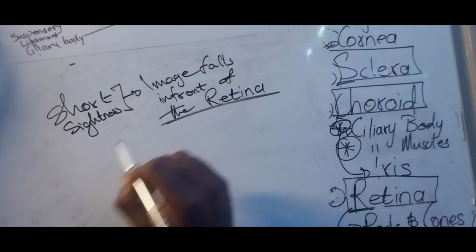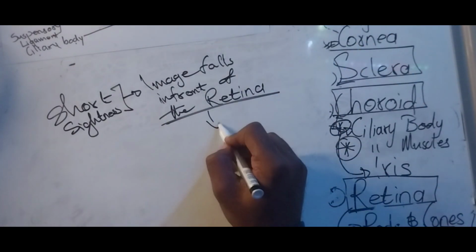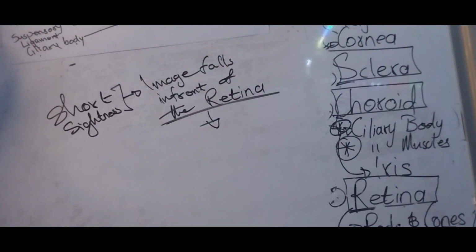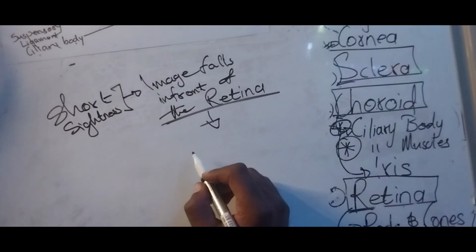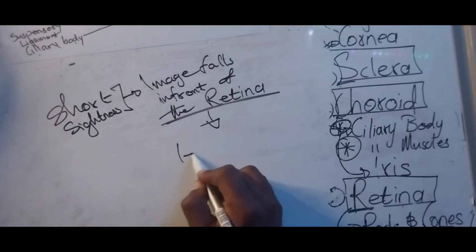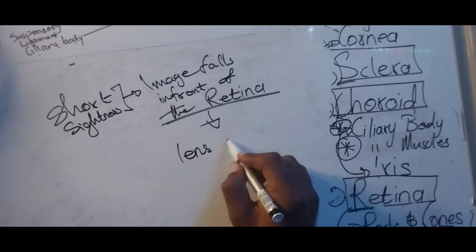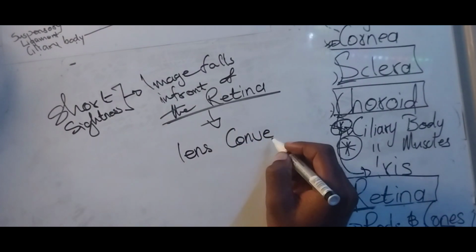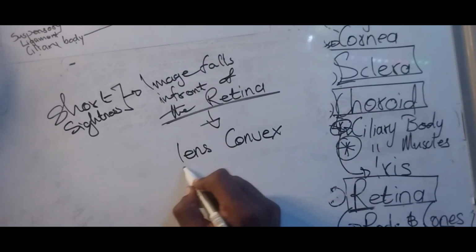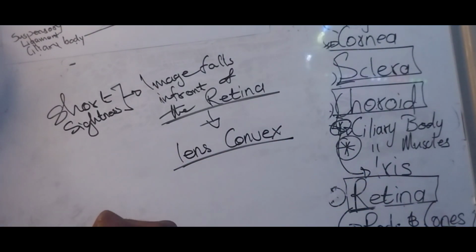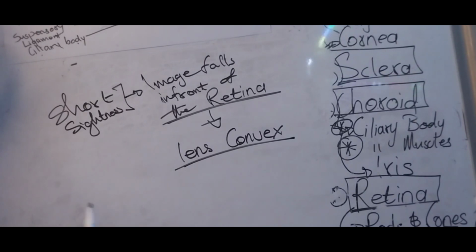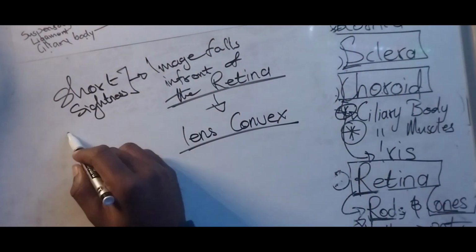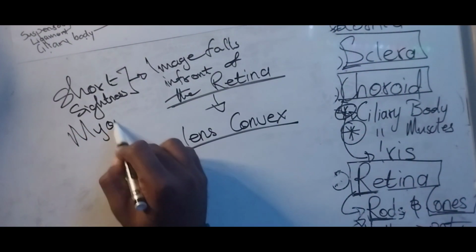This person will not see clearly, so we need to correct this. How do we treat it? We give this individual a convex lens. What do we call this in other ways? We call it myopia.